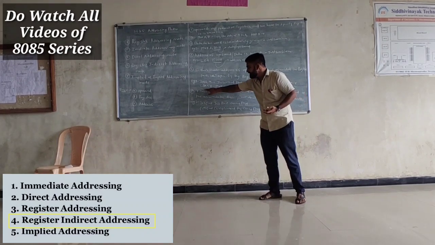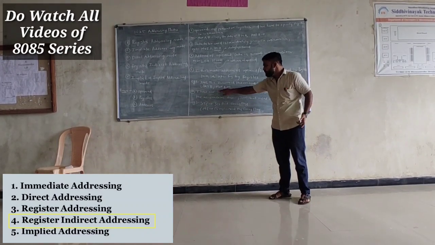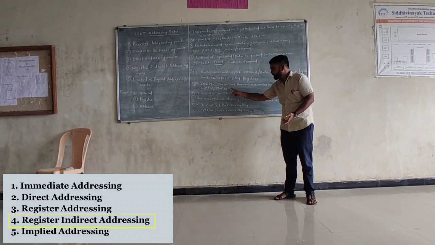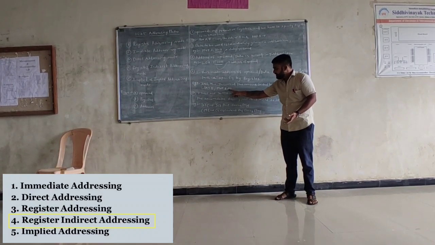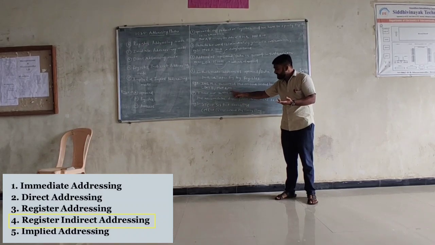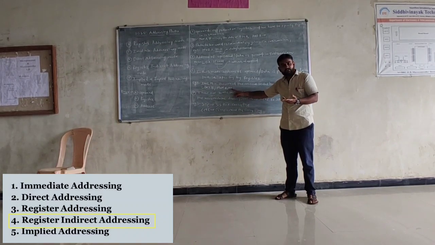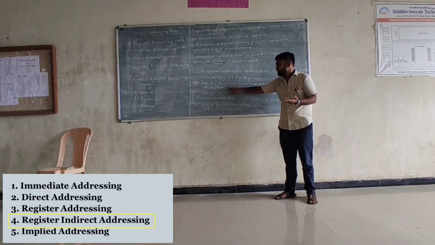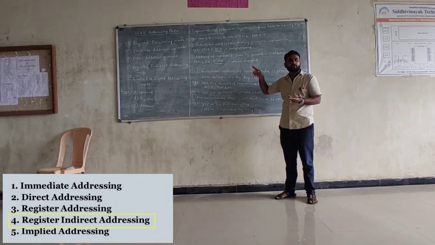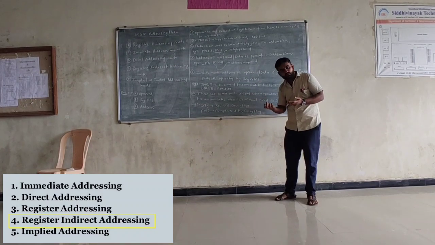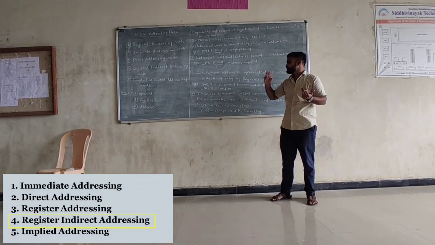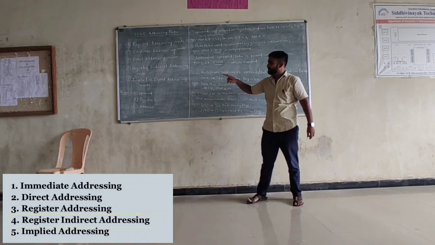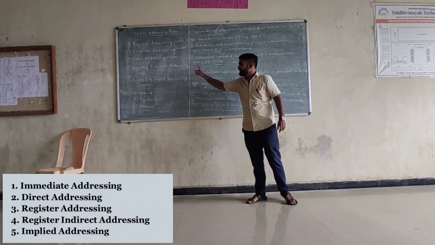Similarly, we have LDAX B, similarly MOV A, M. So whatever address is present inside M, you have to reach the M register, inside that we have the address, from that address you have to get the data, and the data is moved to the accumulator. So it is nothing but a register indirect addressing mode.